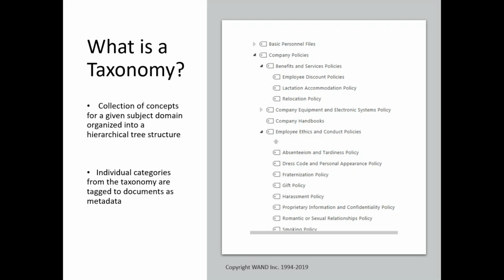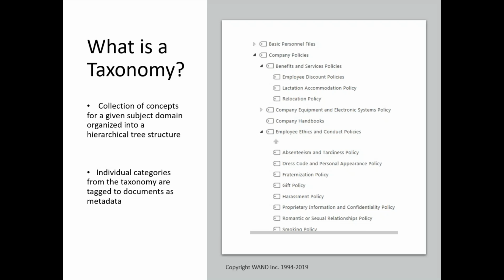A taxonomy is essentially just a collection of concepts for a given topic or subject domain that have been organized into a hierarchical tree structure. You can think of a taxonomy as a common vocabulary that stakeholders are going to use to label or classify information. So off on the right, we see a slice from the WAND Human Resources taxonomy.